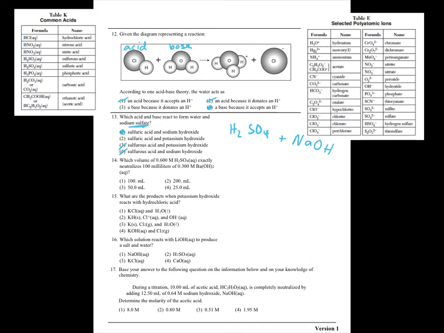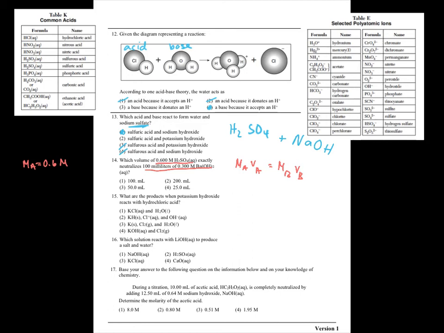Number 14. Which volume of 0.6 molar H2SO4 exactly neutralizes 100 milliliters of 0.3 molar barium hydroxide? So this is a titration question. So that means we're going to use MAVA equals MBVB. Okay. So H2SO4 is our acid, and that is its molarity. So let's write off to the side here. MA equals 0.6 molar. Exactly neutralizes 100 milliliters of that barium hydroxide, which is our base.